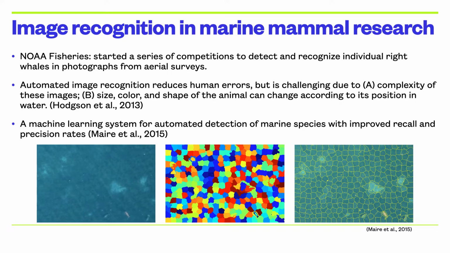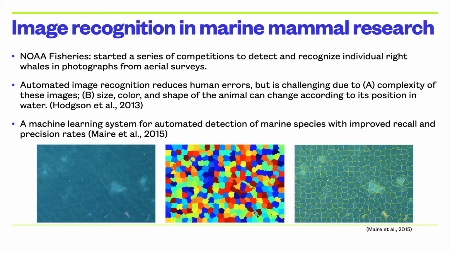For example, NOAA Fisheries started serious competitions to detect and recognize individual right whales in photos. And a while ago, automated image recognition reduced human errors, but is challenging due to two reasons.